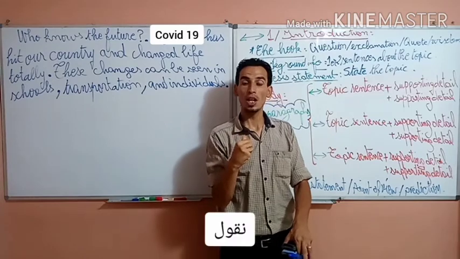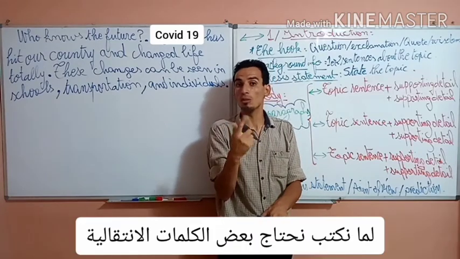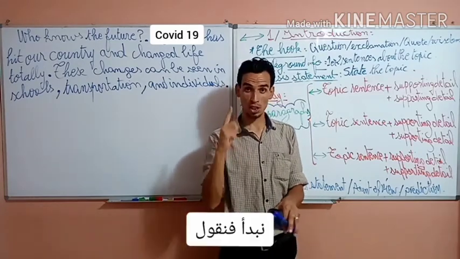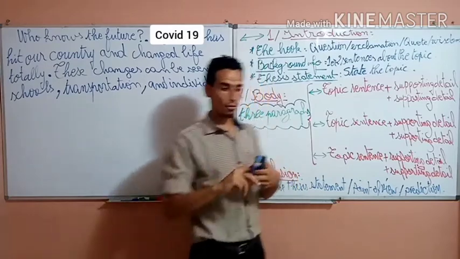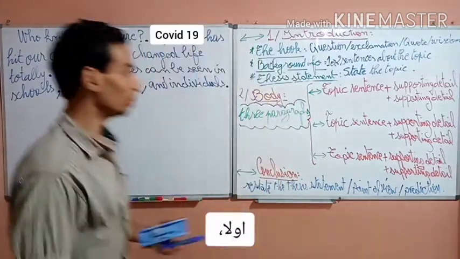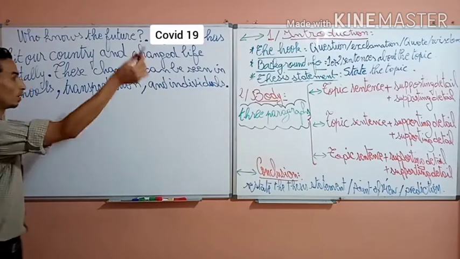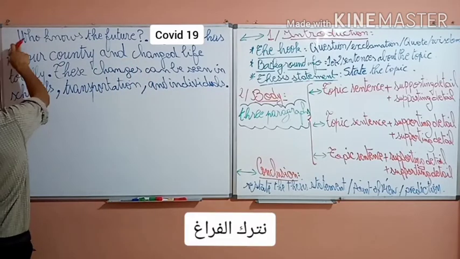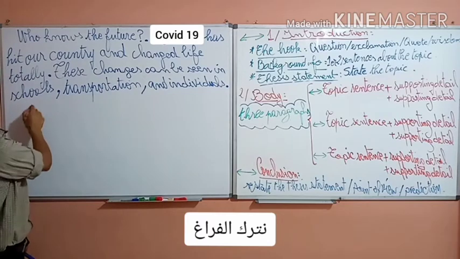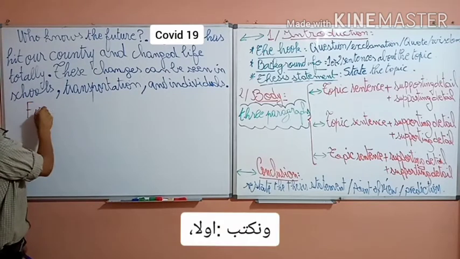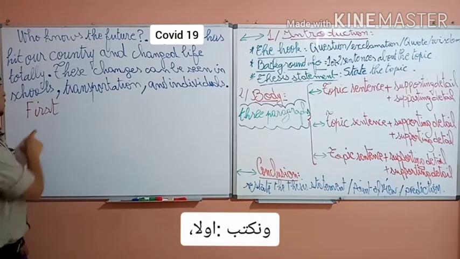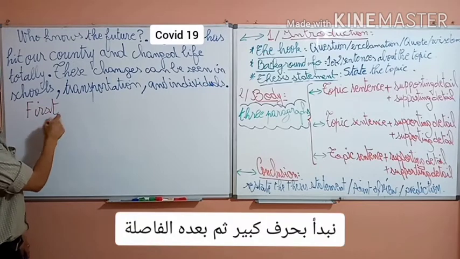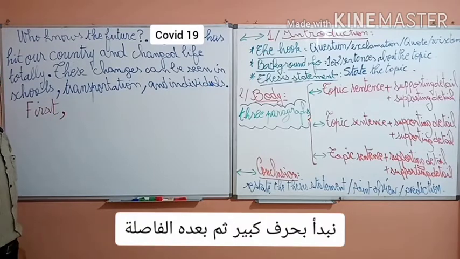We said when we write we need some transitions. So we start, we say, first, we leave indentation, like here, we leave indentation and we write first. We start with capital letter and we put here a comma.